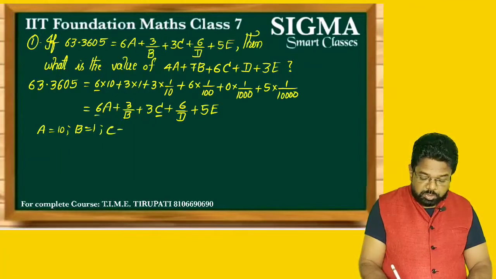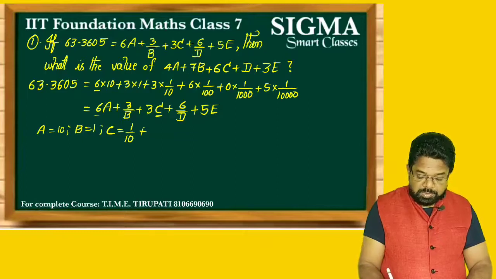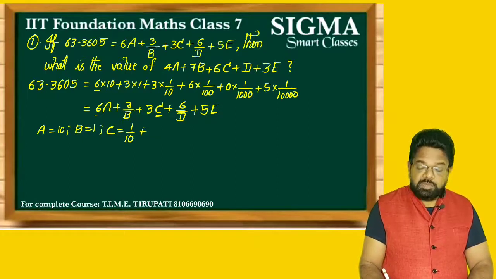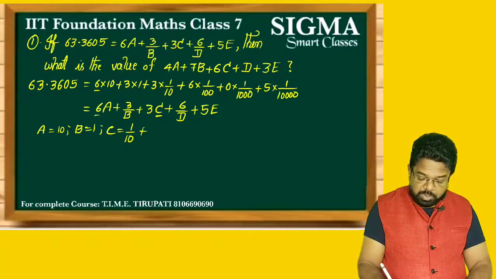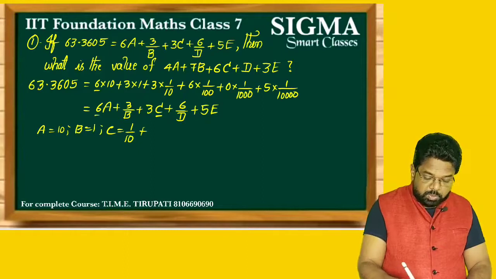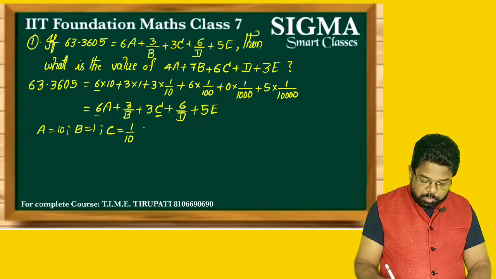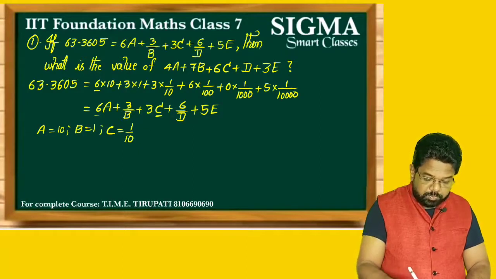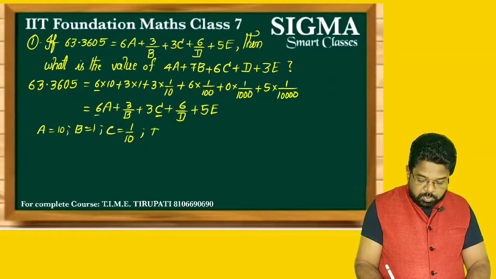So c equal to how much value? 1 by 10. Now 6 by d is given, but we have 6 into 1 by 100, so 6 by 100. So d equal to 100.